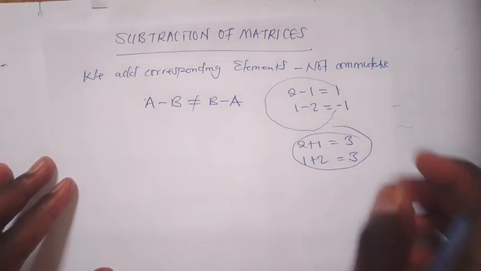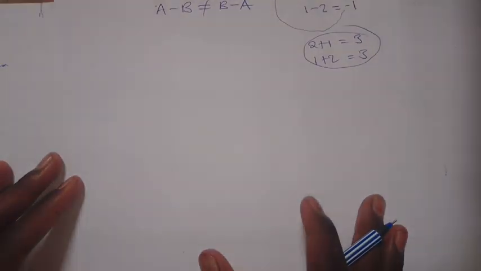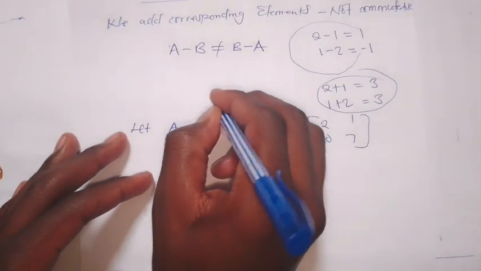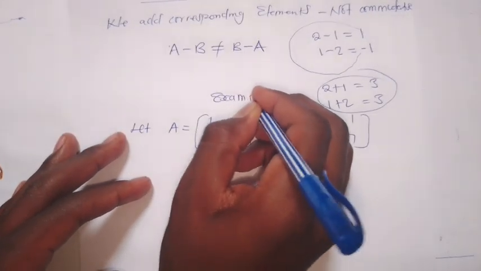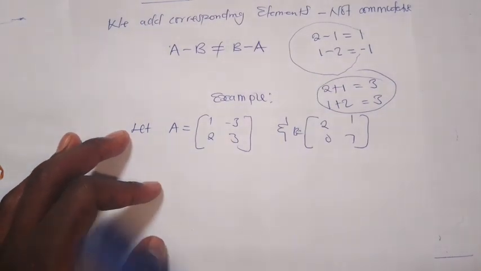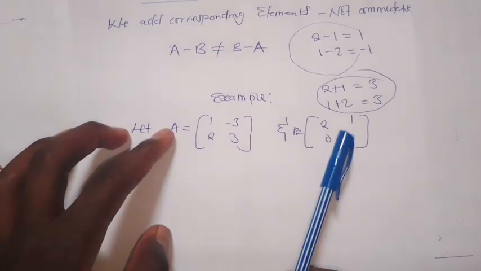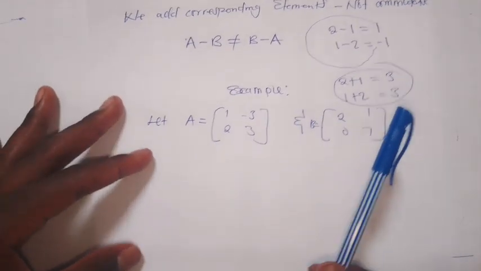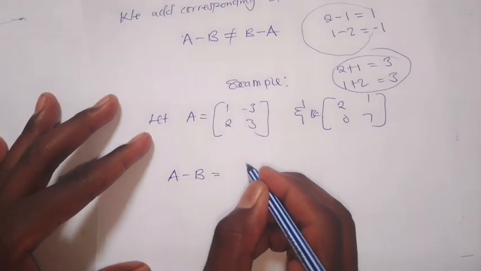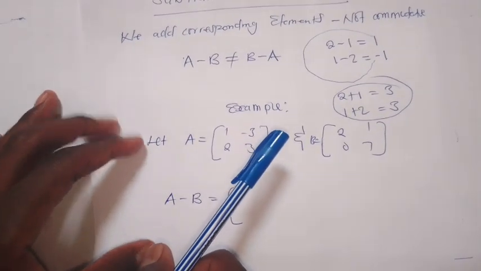Okay, let's look at the example. They tell you to subtract B from A. So A minus B is equal to, remember, I made the mistake here.